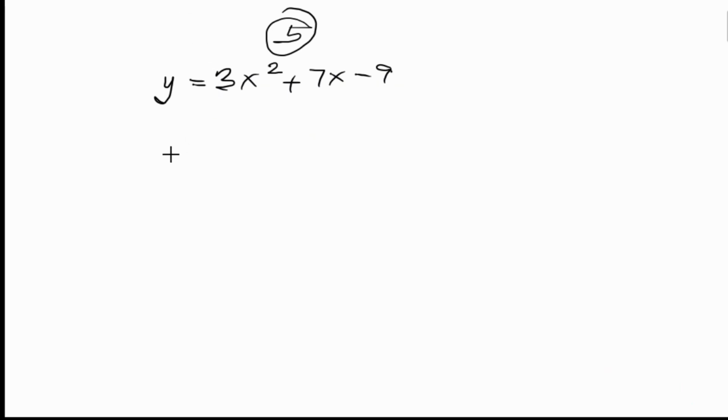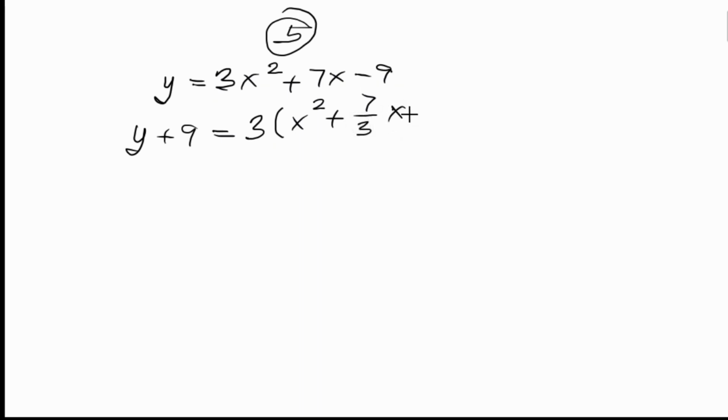We start the way we started in the last 4 examples. We're just going to follow the same steps. So we start by first moving the negative 9, which is a constant term, to the left side, and that will give us y plus 9 because it was negative on the right hand side, equals, we factor the 3 out to get this divided by 3 is x squared. Then this divided by 3 becomes 7 over 3x.